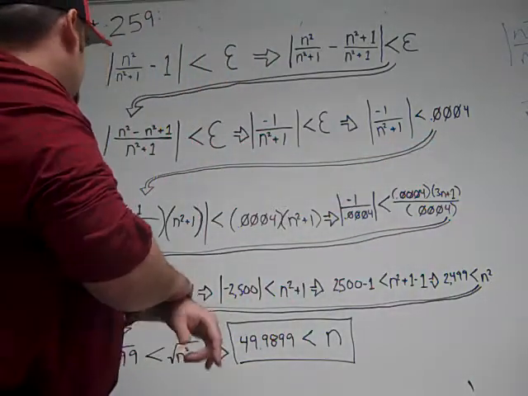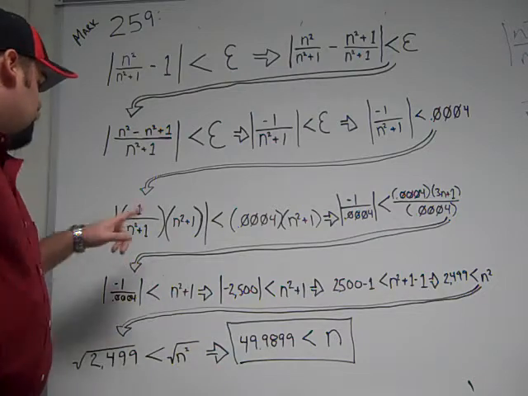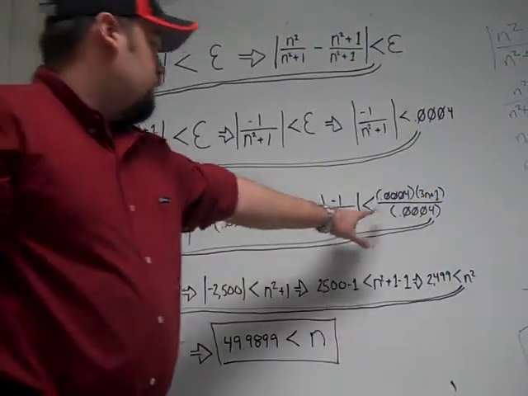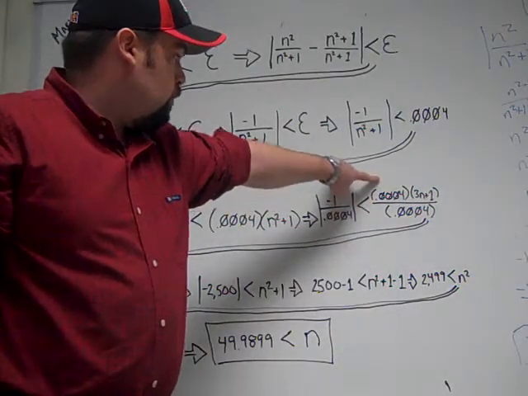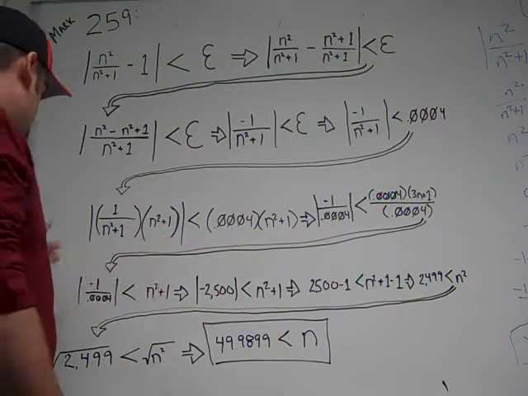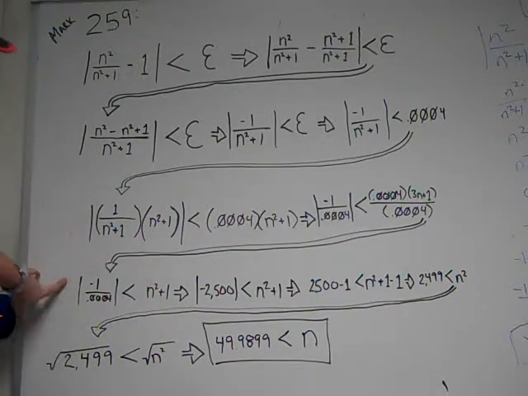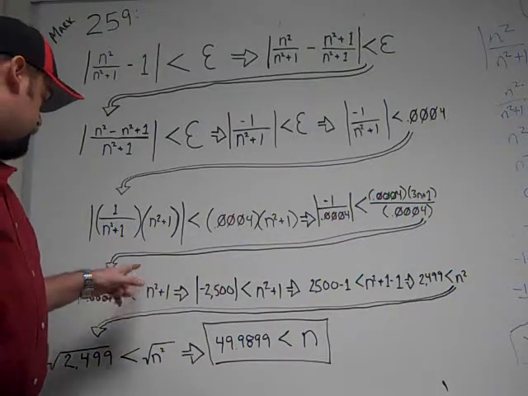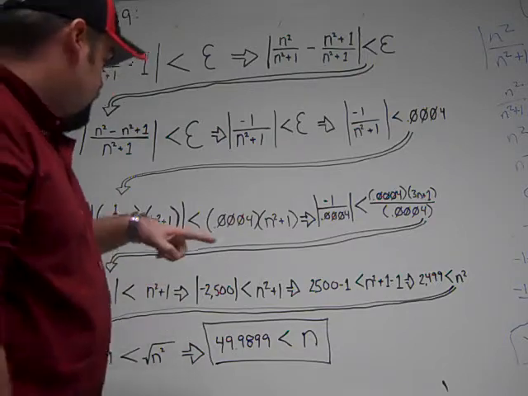I plug in my epsilon. I multiply both sides by n squared plus 1, and then divide both sides by my epsilon 0.0004, which gives me the absolute value of negative 1 over 0.0004 is less than n squared plus 1.